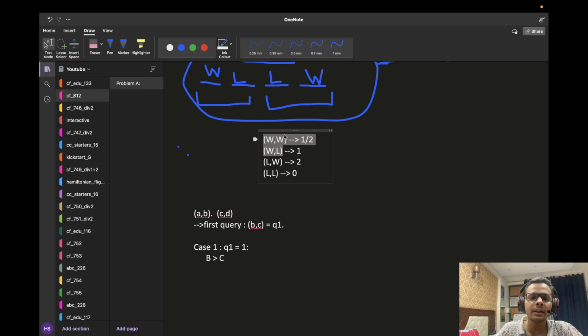And you can see clearly that in both of these situations we have one thing in common, and that is this W. That means that the person we have chosen from the first group is the winner of the first group. That means that B is greater than A, right? So B is always the winner. B is the winner in the first group.